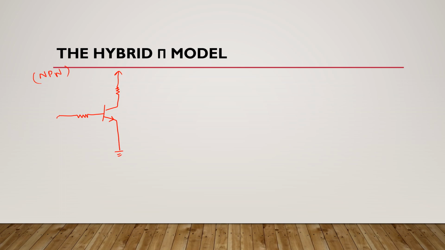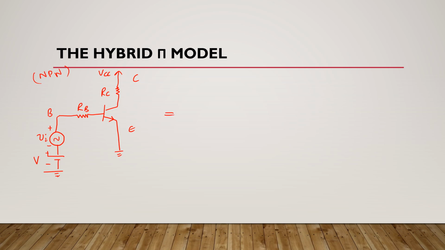Now here you have AC source and it is connected to a DC source. Okay, this is plus minus VI, and this is V, this is plus, this is minus, this is E, this is V, and this is C. Okay, so this is VCC, this resistor is RC, and this is RB.